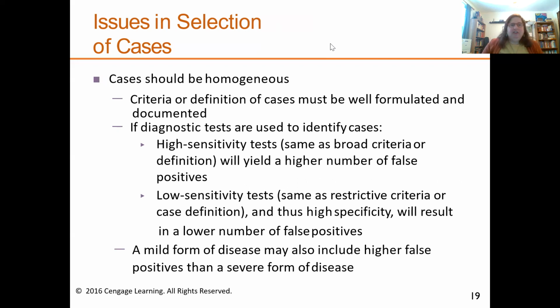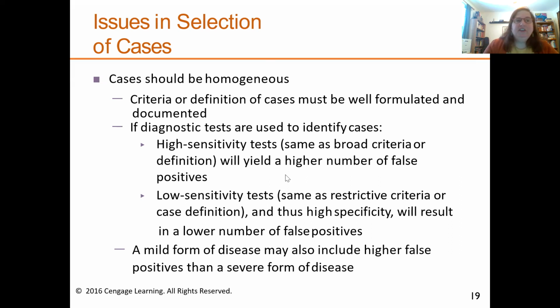They're going a little bit deeper with this, sorry. Let me rephrase this for you. So high sensitivity tests are how well it can identify your cases, right? How many positive cases it's going to pull.